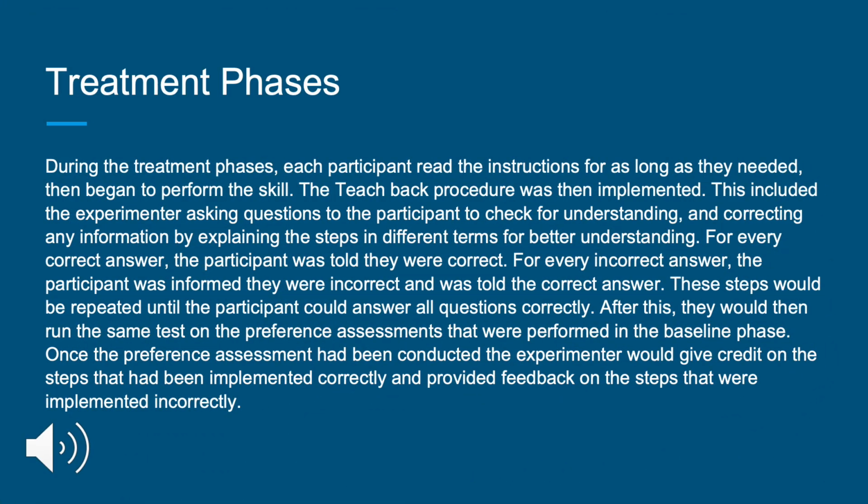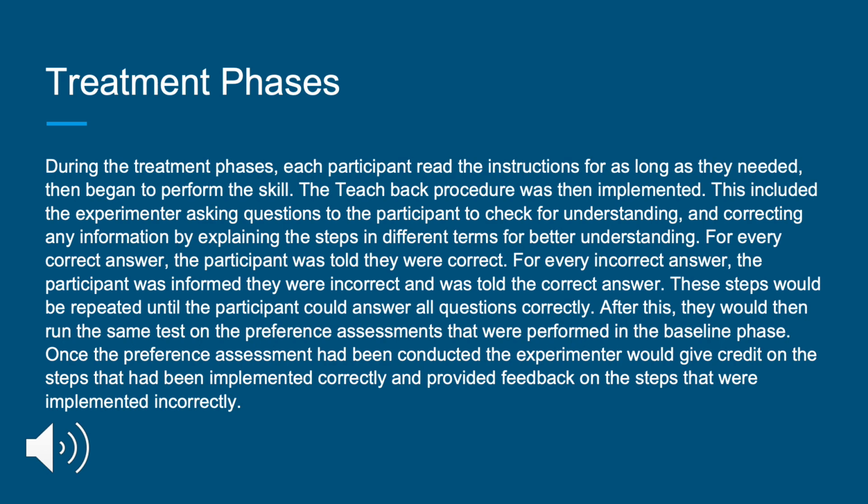Now we're going to get into our treatment phases. During the treatment phases, each participant read the instructions for as long as they needed and began to perform the skill. The teach-back procedure was then implemented. This included the experimenter asking questions to the participant to check for understanding and correcting any information by explaining the steps in different terms for better understanding. For every correct answer, the participant was told that they were correct, and then for every incorrect answer, the participant was informed that they were incorrect and was told the correct response.